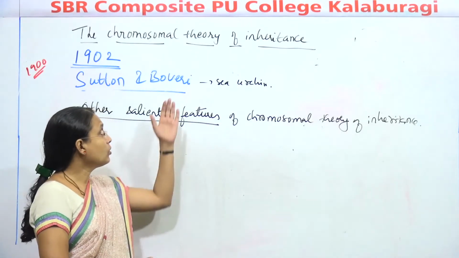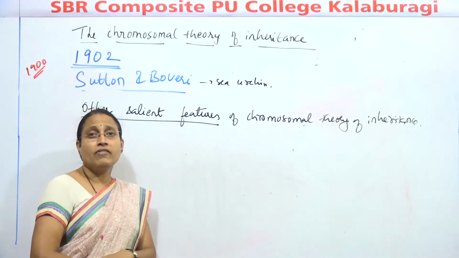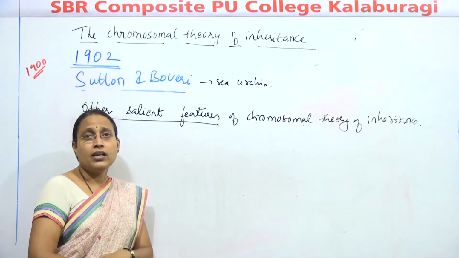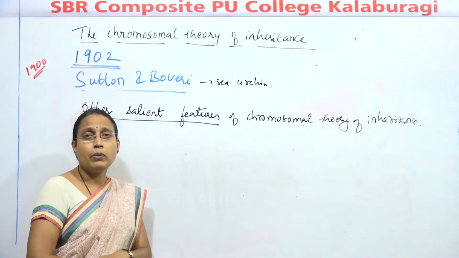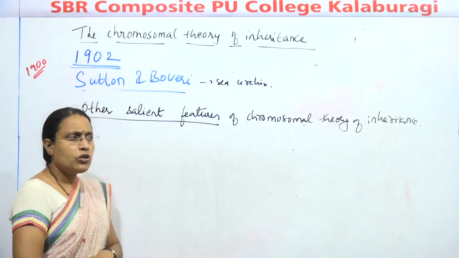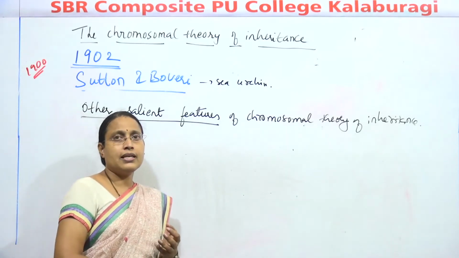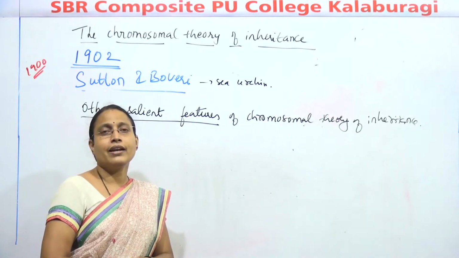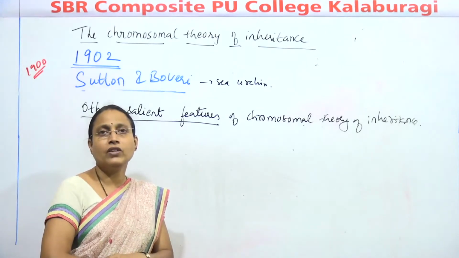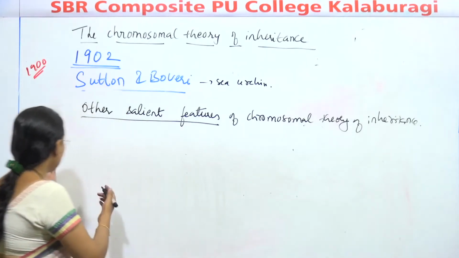That made him conclude that chromosomes are very essential for the development of the offspring. If one chromosome is partly or wholly missing, it can affect the development of the offspring. So comes the next point.